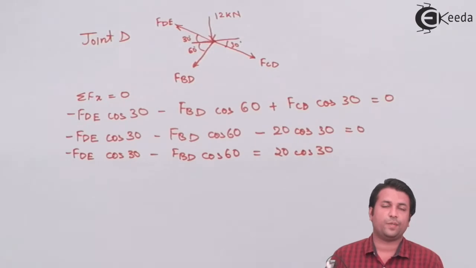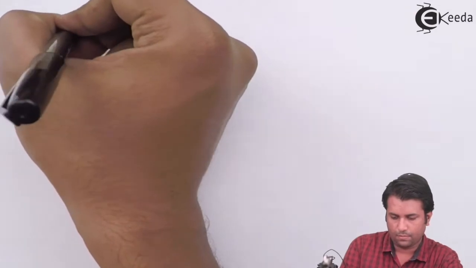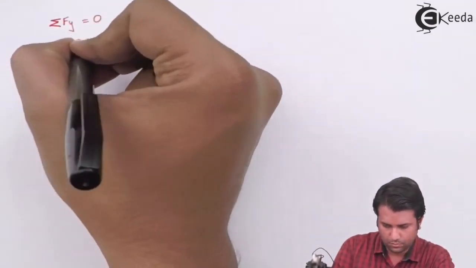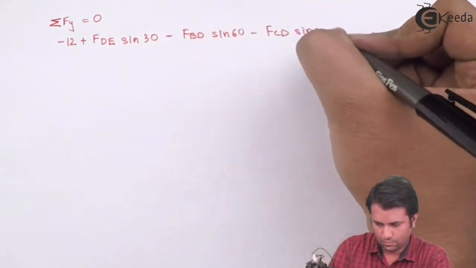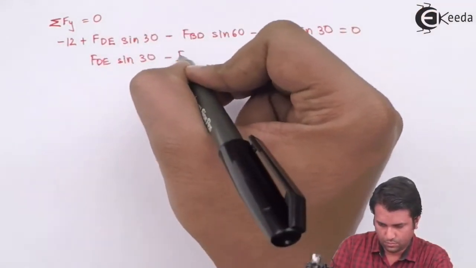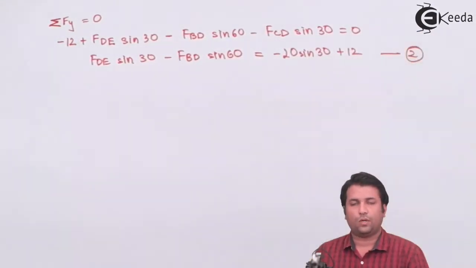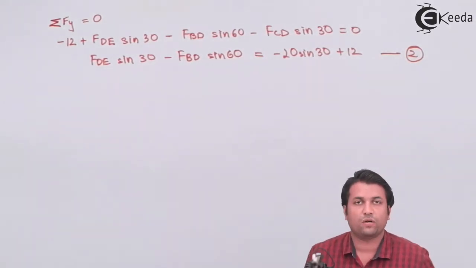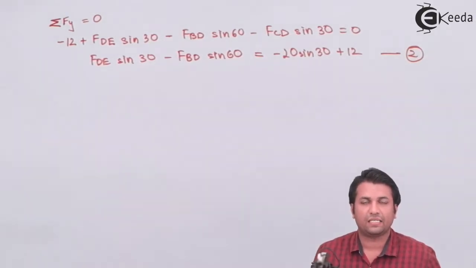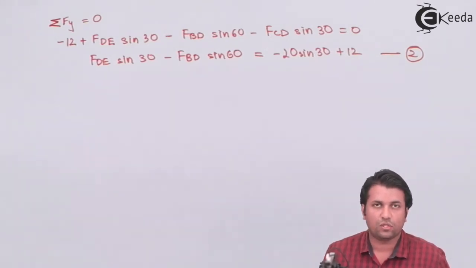Similarly, I can prepare the equation in the vertical direction as well. So now I have prepared the equation in the vertical direction as well. Now I can solve both the equations simultaneously and find out the values for the forces in the members DE and BD.